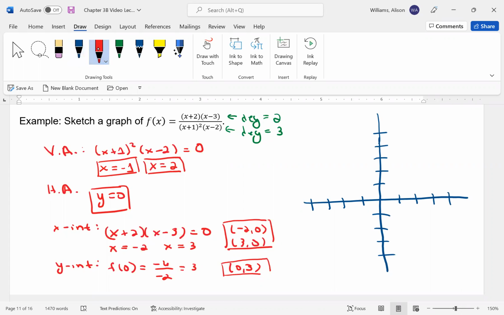Vertical asymptote at 2, I'm going to put a dashed line at 2. Vertical asymptote at -1. Horizontal asymptote at 0, which is right along the x-axis. The graph crosses at -2, 0, which is right here. It crosses at 3, 0, which is right here, and supposedly right there for the vertical intercept.